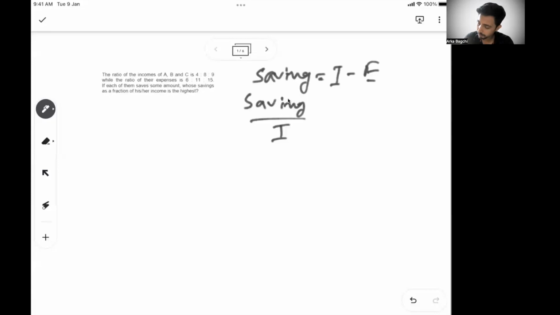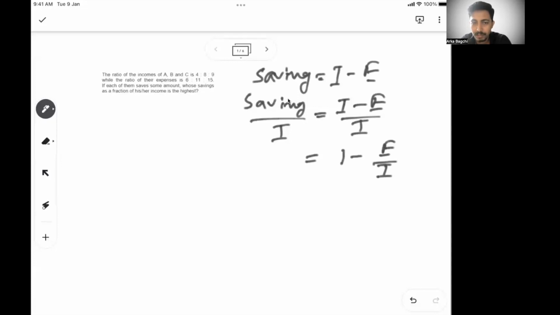Savings, we can easily say, is basically what is left after expense, right? So basically, you can write savings is nothing but income minus expense by income. In that way, you can write 1 minus expense by income.